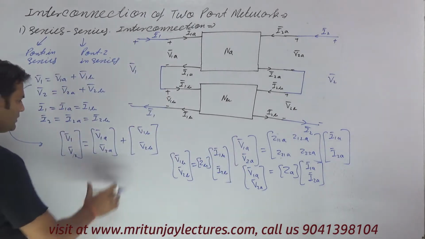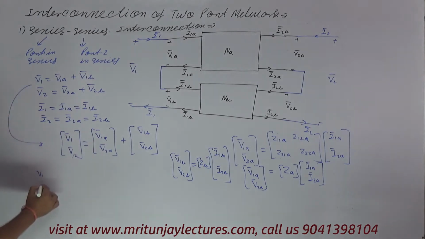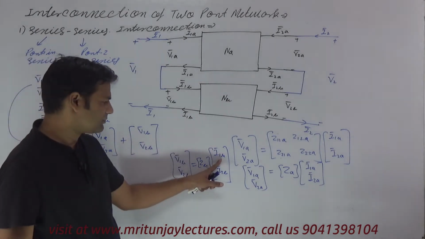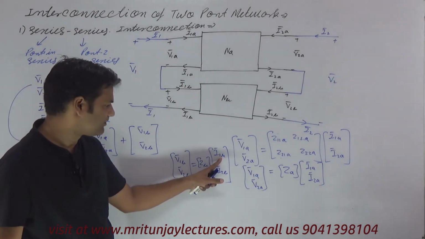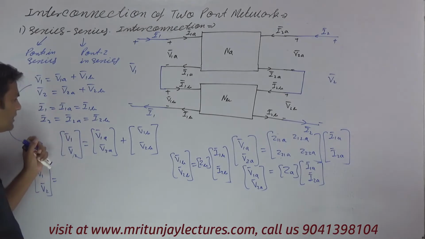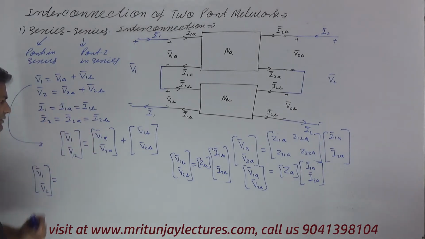Okay, so you can say V1 V2 corresponding to I1A, I1B and I2B. I1B is written as I1 and I2B is written as I2.